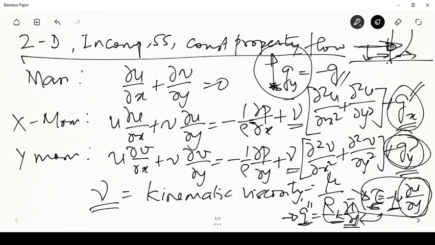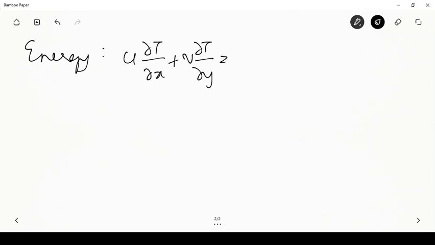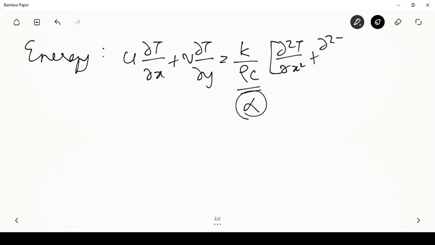So this is your 2D incompressible, steady state, constant property flow mass and momentum equations. In the same fashion we can write the energy equation, which will have u del T by del x plus v del T by del y is equal to k over rho c, which we would write as alpha in place of k by rho c, multiplied by del squared T by del x squared plus del squared T by del y squared.